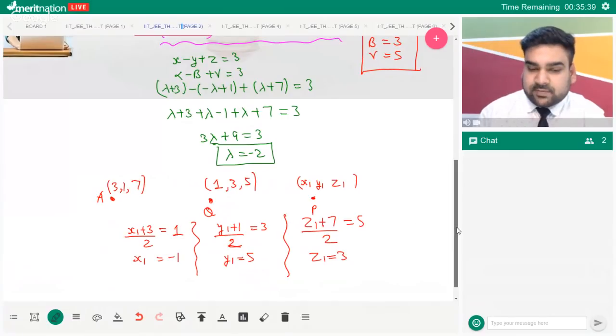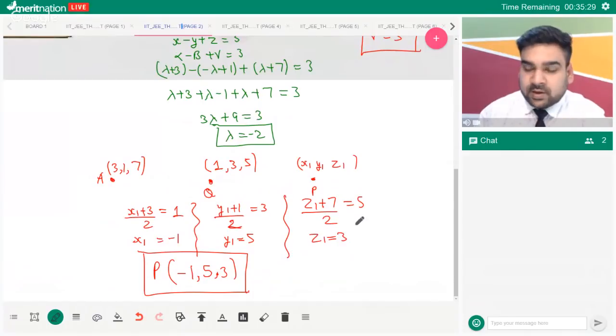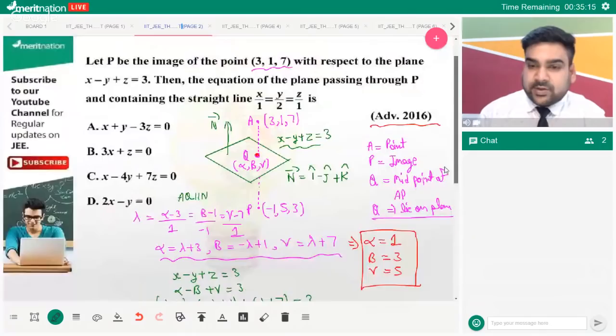So that's how we got the coordinates of the point P, the image, which is minus 1, 5, and 3. I hope up to this step it's clear to everyone how we got the coordinates of the point P, which is the image of the point A. These are the coordinates of the point P, minus 1, 5, and 3.